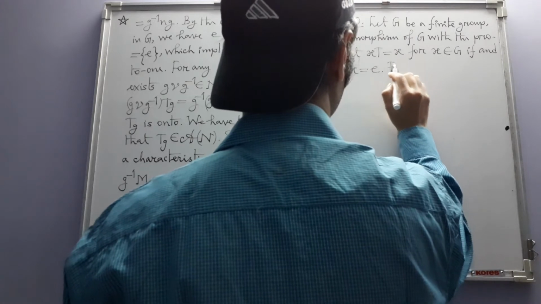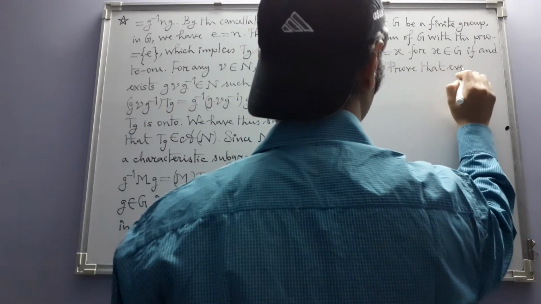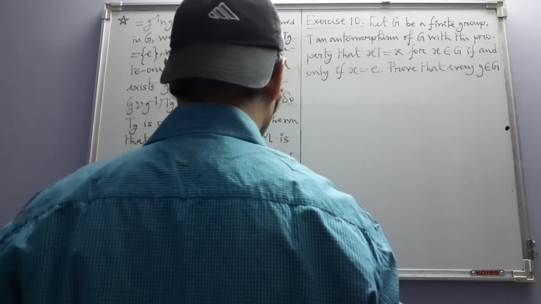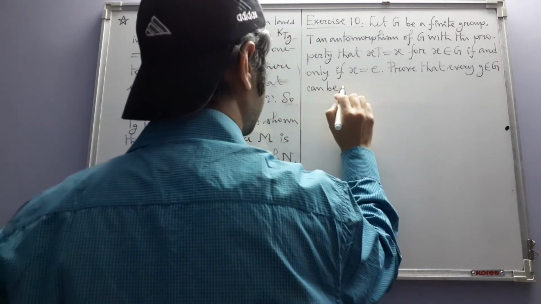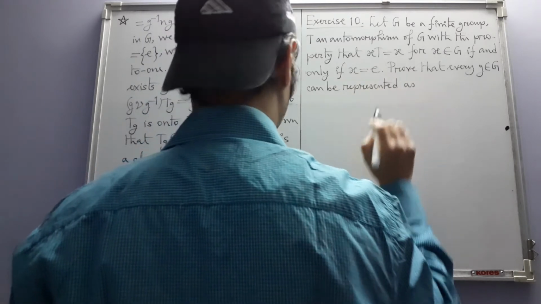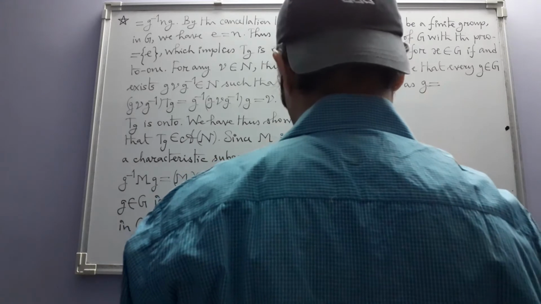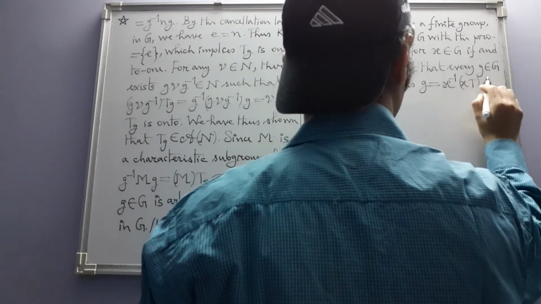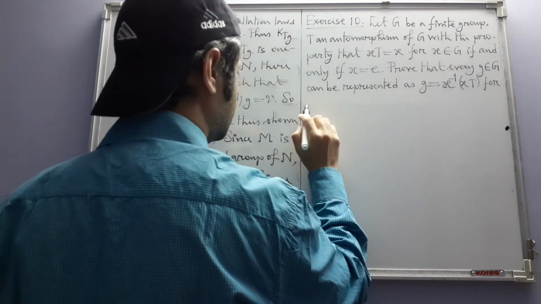Prove that every element g in G can be represented as g equal to x inverse xT for some x belonging to G.